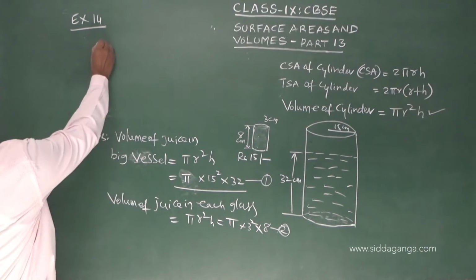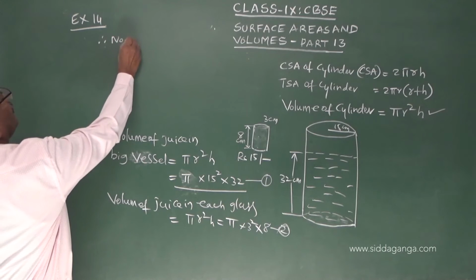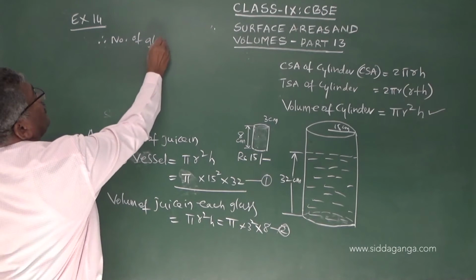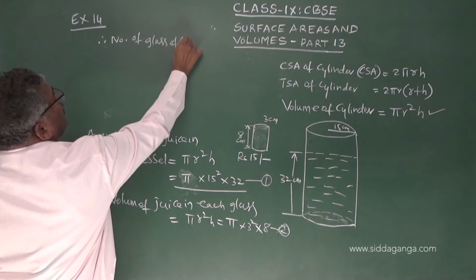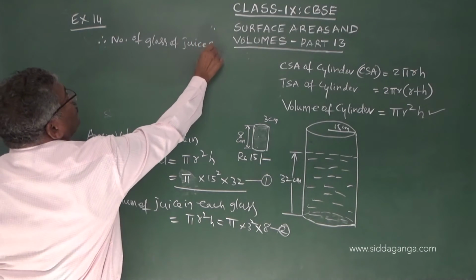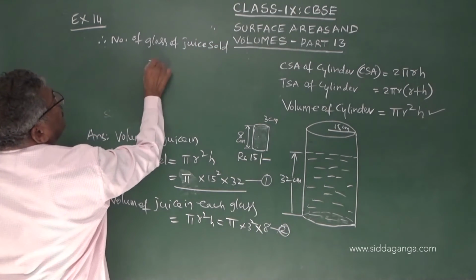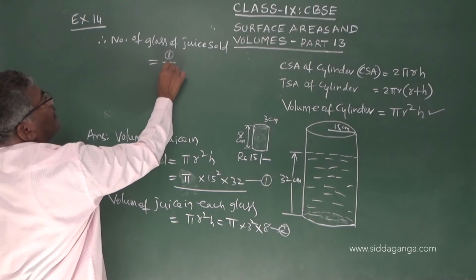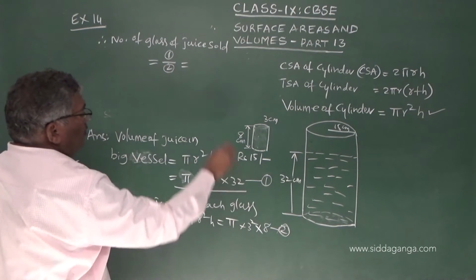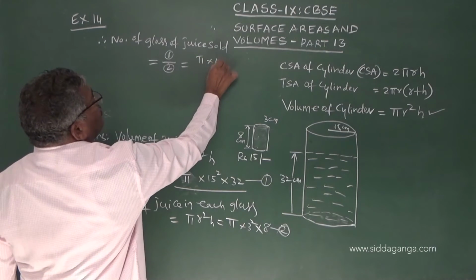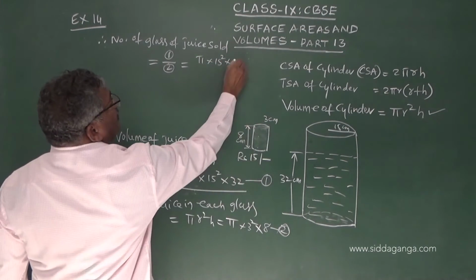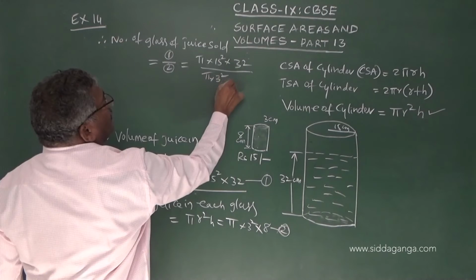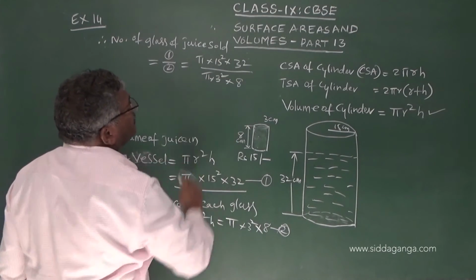So therefore, number of glass of juice sold will be equal to this 1 divided by 2, that is pi into 15 square into 32 divided by pi into 3 square into 8.